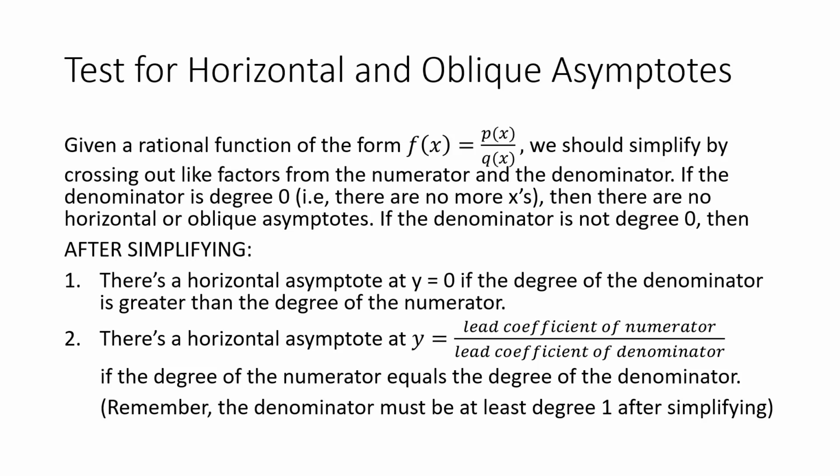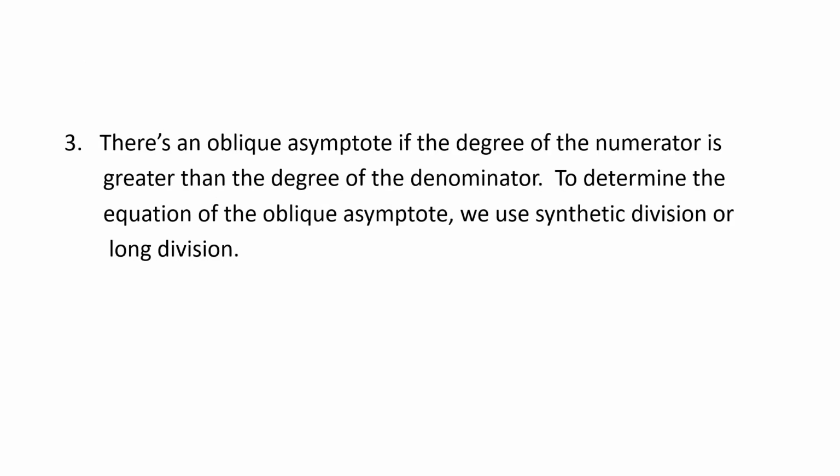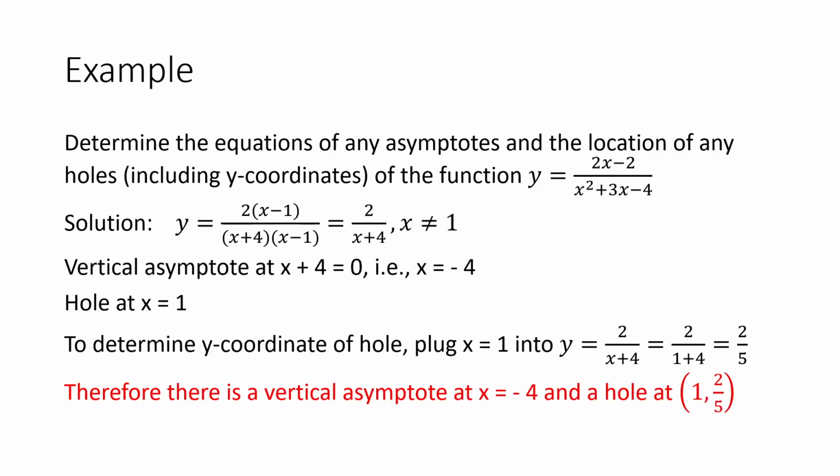There must still be at least one x there in the denominator. And finally, there will be an oblique asymptote if the degree of the numerator is greater than the degree of the denominator, and again, if the degree of the denominator is at least 1 after simplifying. And to determine the equation of the oblique asymptote, we'll use synthetic division or long division.